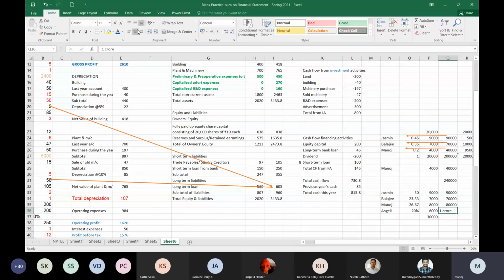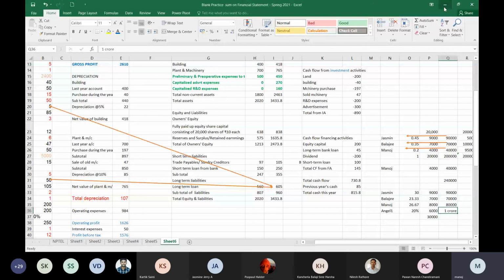Yes, sir. Okay, great. Any other question? It took half an hour. Sir, in this year, assume that the value of each share remains constant, right? 10 rupees. Value means face value or par value, that never changes. But market value changes.